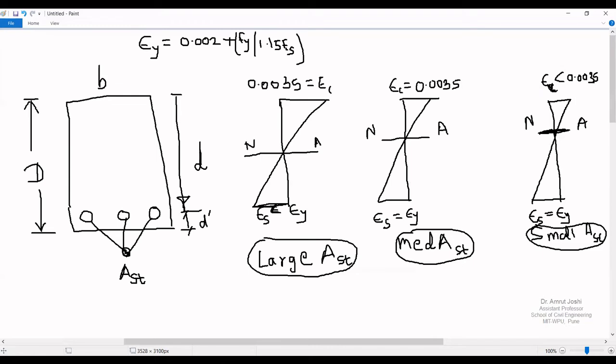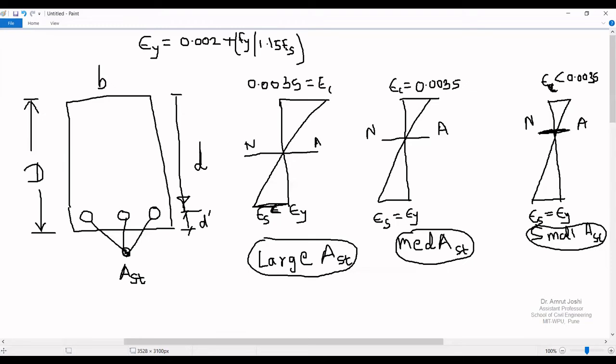I hope you are understanding what I am trying to say. So as I go on reducing the area of steel, the possibility of steel reaching yield strain prior to the extreme compression fibers reaching the ultimate compressive strain of concrete increases.